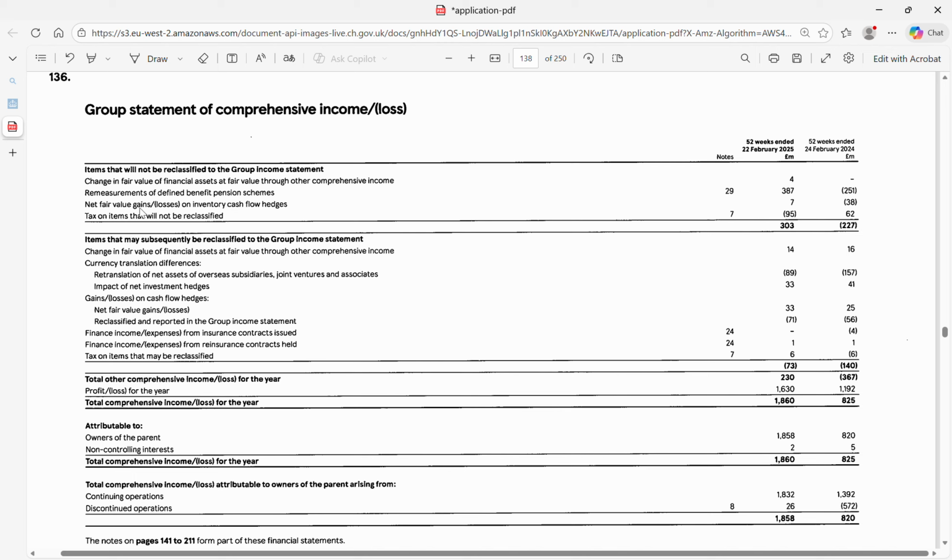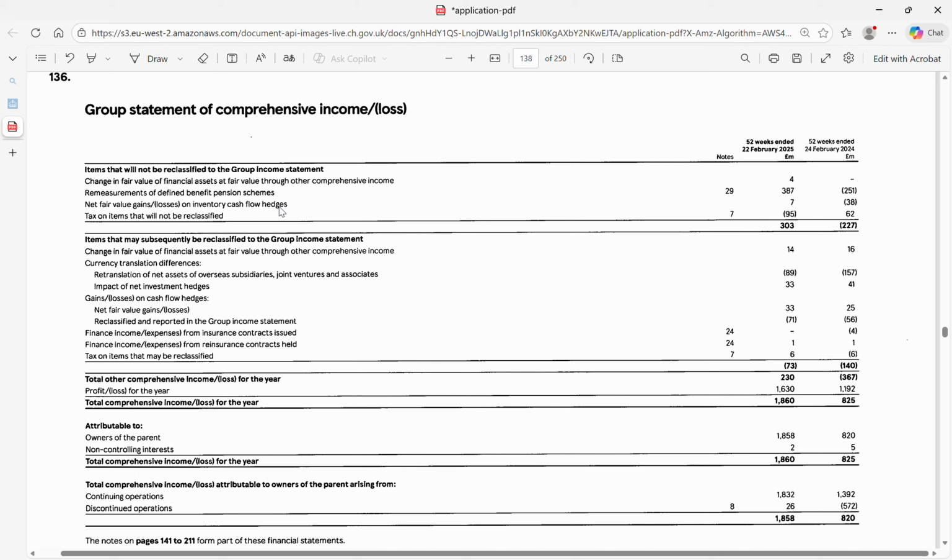So you can see here net fair value gains or losses on inventory, cash flow hedges. So this is again where they're doing hedges, trying to cover a risk for things. The times that they're covering risk, you've got to think about what's at risk for Tesco. It's going to be interest rates. It's going to be exchange rates.